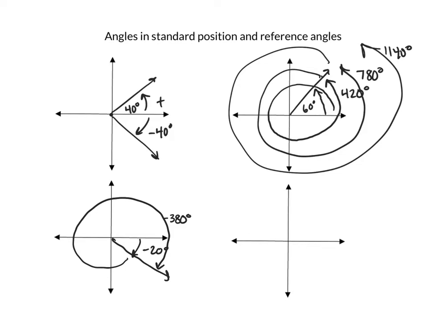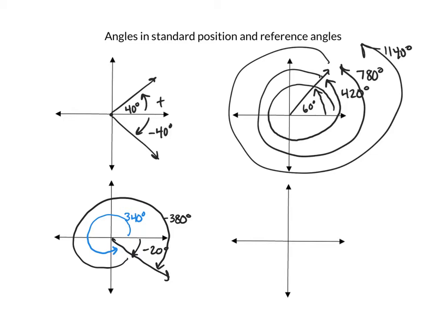So remember the way it worked. Let me change colors here. If I start and go the positive direction, that would be 360 minus 20, or 340 degrees.